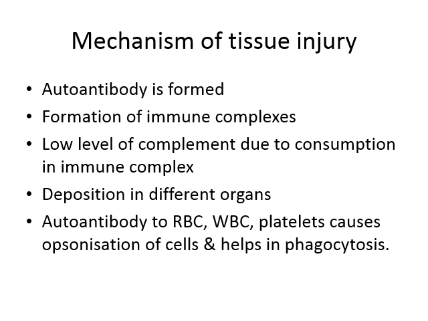Now the mechanism of tissue injury in SLE. Autoantibody is formed. Immune complexes form with self-antigen and autoantibody, along with some components of complement, and there is a low level of complement in serum due to consumption in the immune complexes.